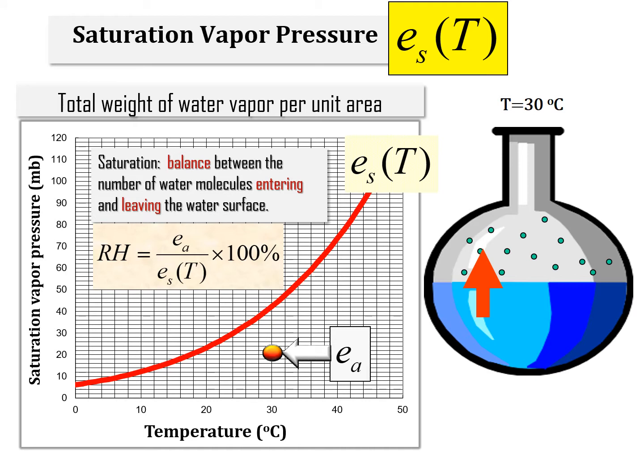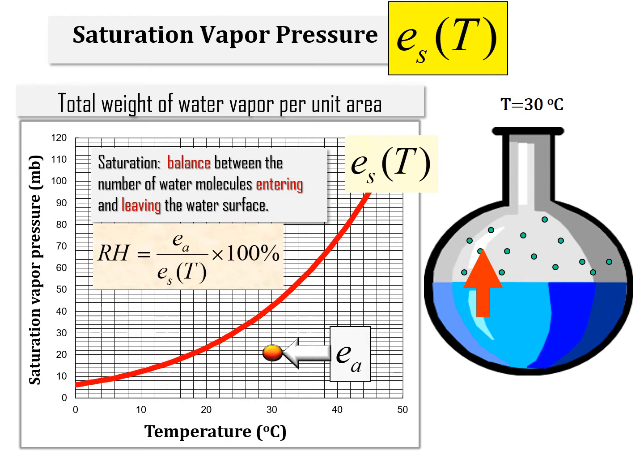So here is the relative humidity formula: the ratio of actual vapor pressure over saturation vapor pressure. It is not saturated right now. So how do we make this air saturated? There are a few different ways.